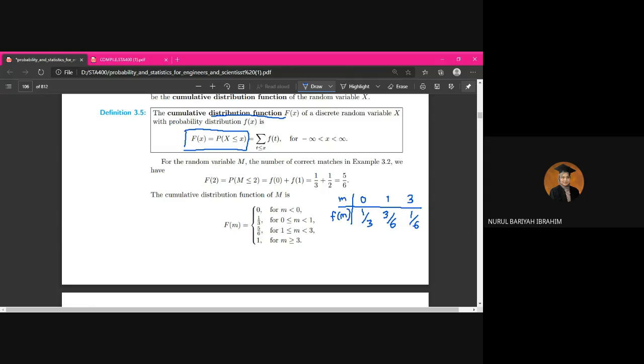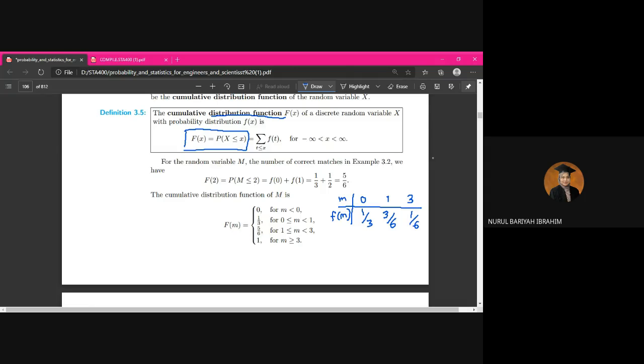Okay, so sekarang kita nak tukar daripada PDF table ke dalam bentuk cumulative distribution. So apa yang you kena buat? Cumulative ni adalah terkumpul, value yang terkumpul. So we should start with the range. Okay, so when m less than 0, kenapa 0? Sebab the least value kat sini, paling kecil kat sini adalah 0.